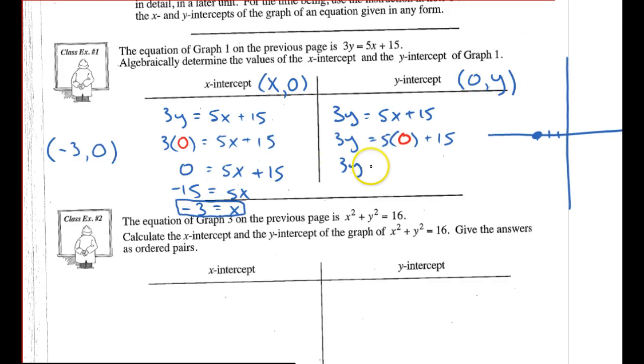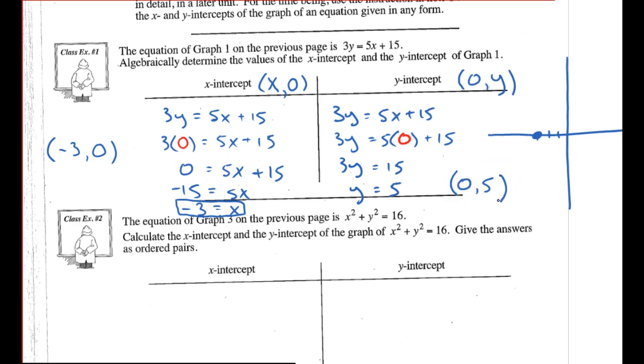So 3y equals 15 and y equals 5. So the ordered pair, and always write the ordered pair down, is 0, 5.